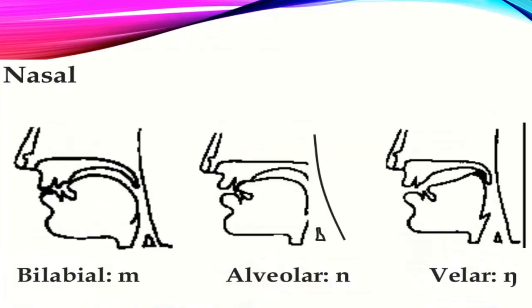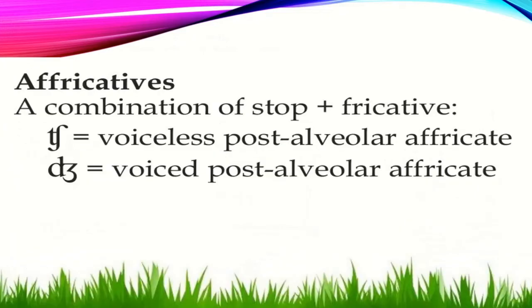The third one is the nasal. The nasal is produced by the release of air through the nasal cavity. Let's have affricates. An affricate is a combination of a stop plus a fricative, just like the example here.